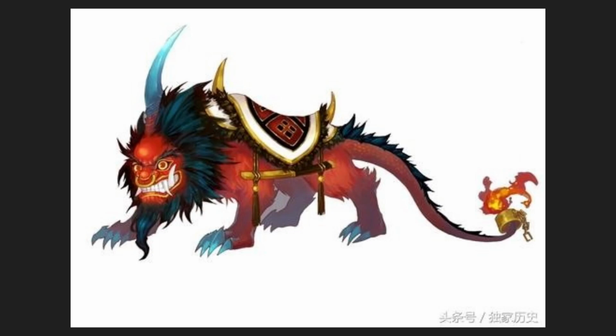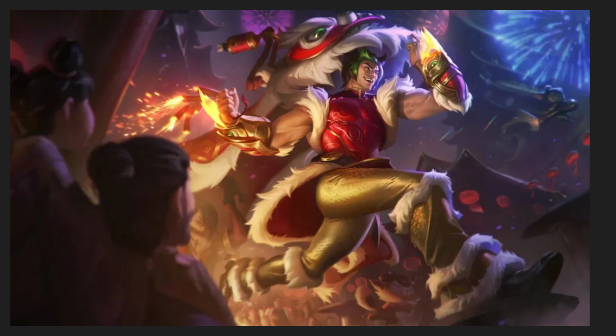So going back to Firecracker Set, he is dressed as a lion dancer, which is informed by this hooded shape here. You can also see another dancer, which kind of looks like Ophelius, I'm not gonna lie. And then of course, harkening back to the legend, they have the firecrackers. He's dressed in red again, for happiness and luck.